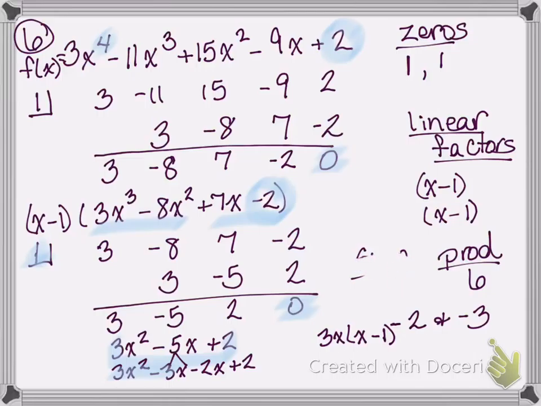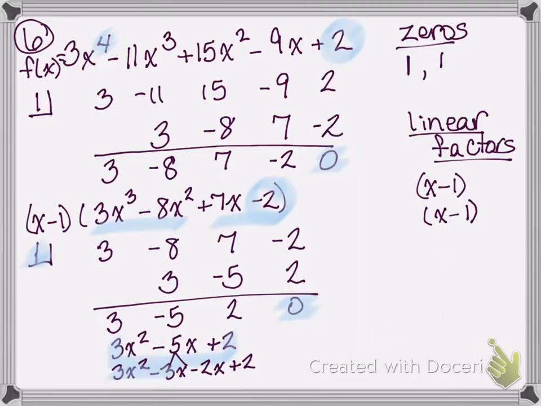I'm going to erase some of this right here just so we have enough room to be sure we get everything. And actually, I'm just going to write that just a little bit higher so we can see it. So I have 3x times x and 3x times minus 1. When I multiply 3x times x, I get 3x squared.